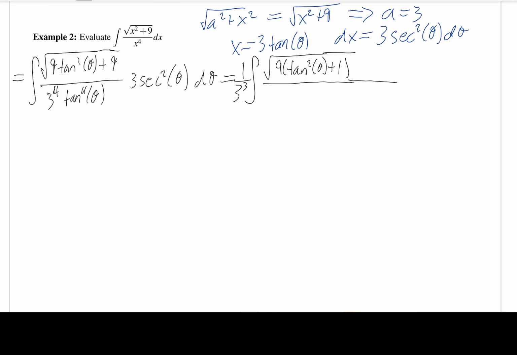And then we should have times secant squared theta over tangent to the 4th of theta, d theta. And so now this 9, if I take the square root of 9, that's going to be 3. And so I can pull that out in front of our integral.